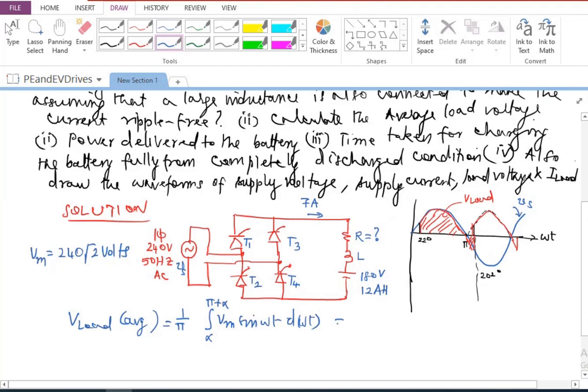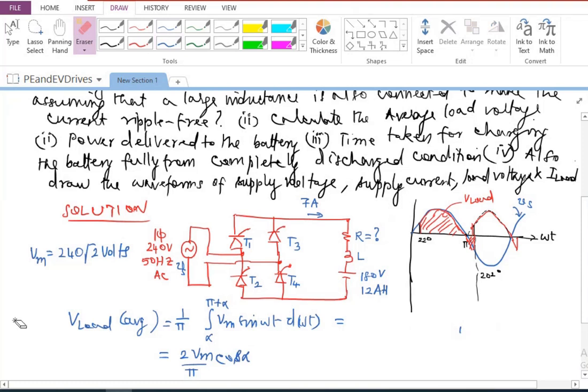So we had already derived this, if you may recall. This will be Vm divided by pi, cos alpha minus cos of pi plus alpha. This is what we derived, and we said that this will be 2 Vm divided by pi cos alpha. That's what we wrote earlier. So I can remove this, doesn't matter.